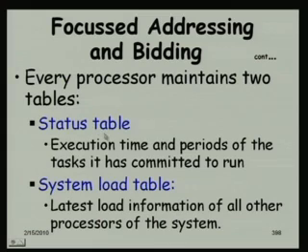So, one table keeps track of what tasks it is committed to run, and the other is about the latest load position of all other nodes in the system. And of course, as we were mentioning, this will not be the current load position, it will be slightly stale, obsolete information, because this will be obtained through some broadcast, and the broadcast can't occur every instant, isn't it?